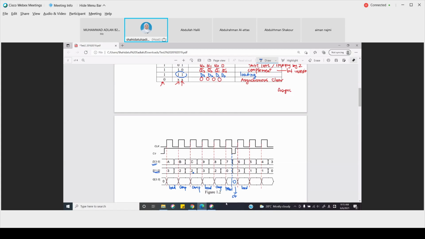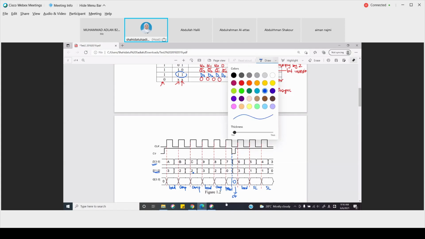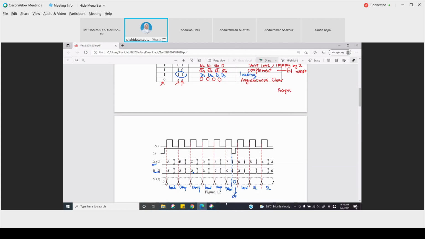And then at this clock cycle is 1, shift left. Here also shift left, right? So we can fill up the hex value. Let's use green. Here it's clear, and then it will load D. Because D is A, so here is A. And then at the next clock cycle, it will complement what is inside the register.